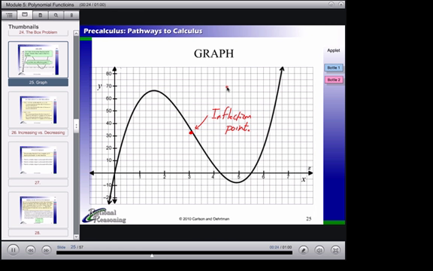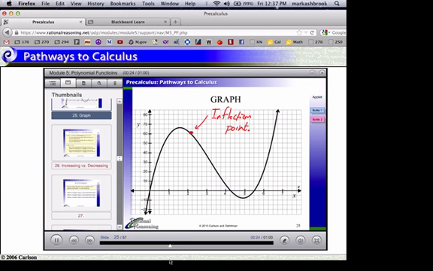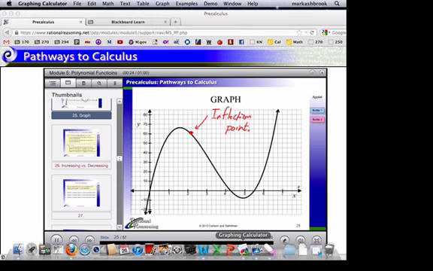Okay, so we said that we got factored form and standard form, right? Let me just open up a window here.